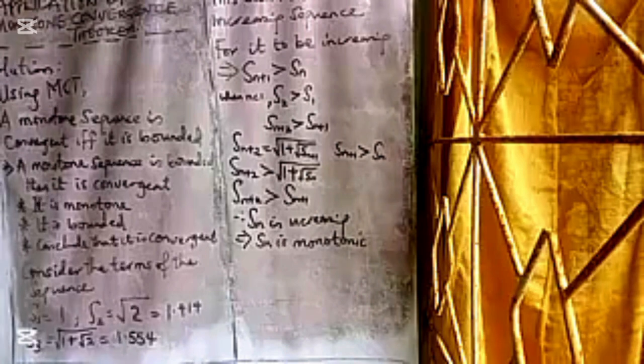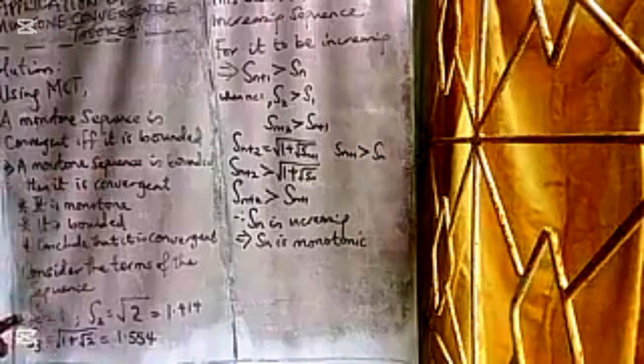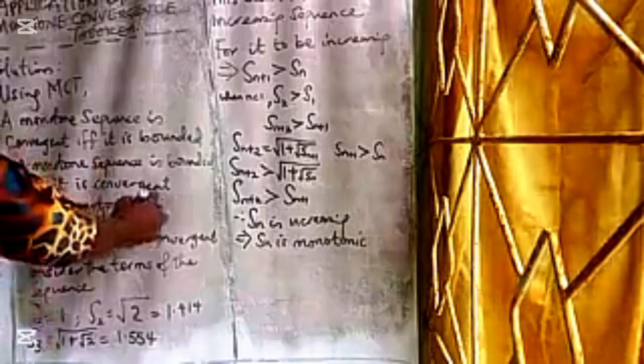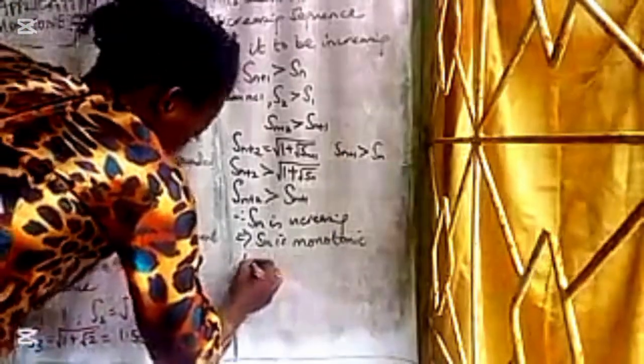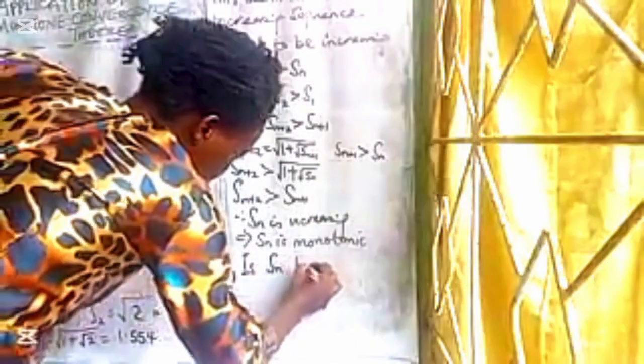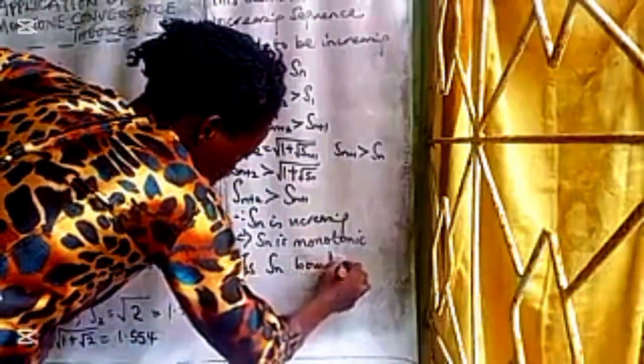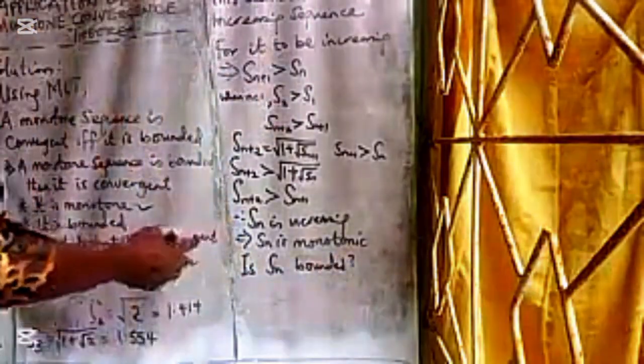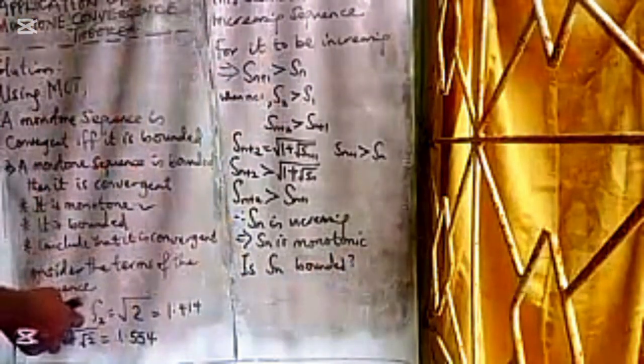The next question is, is Sn bounded? Because we have been able to show that it is monotone. Is Sn bounded? Again, we need to recall the definition for bounded sequence.